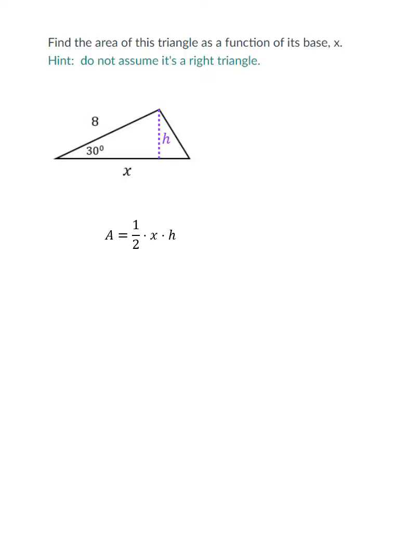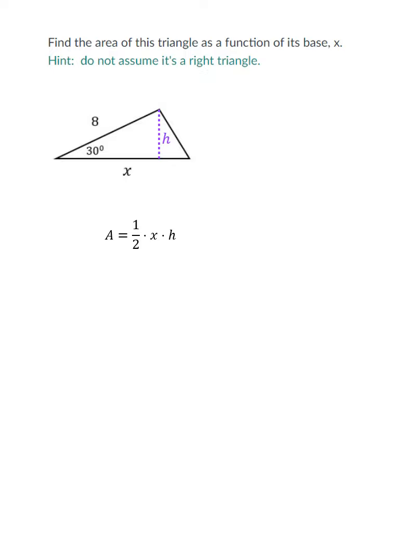As x grows, h would probably grow as well. But because of the directions of the problem, look at the top of the screen, because we want the area as a function of x, the assumption implied by these directions is that there should be no other letters in the answer other than x. And that means I've got to somehow get rid of the h using geometry and algebra.